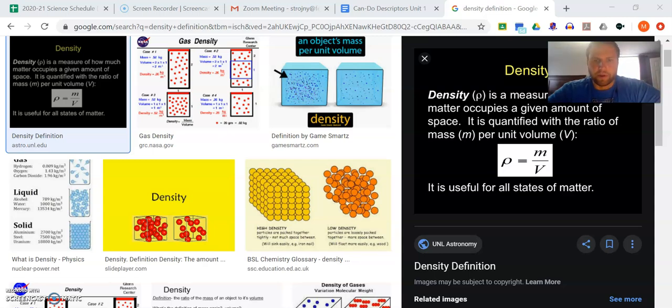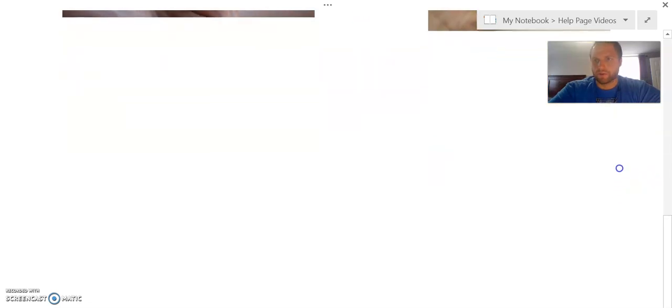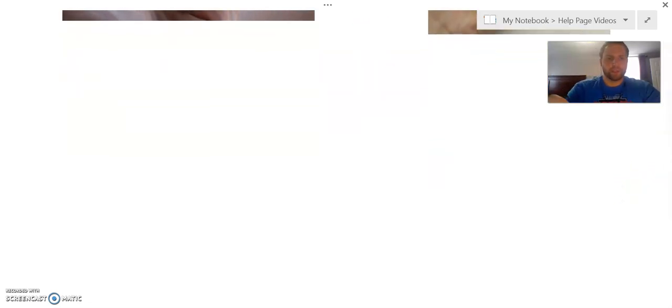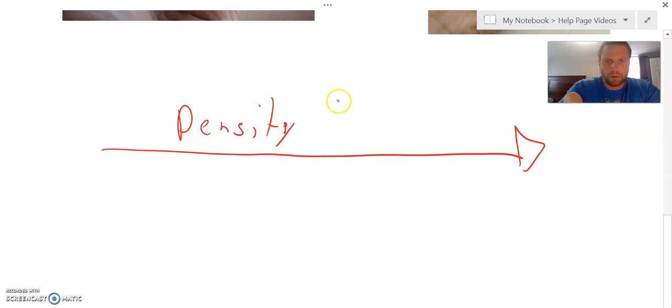So we'll now head back to the notepad, and I want to draw out a relationship to conclude this video. So density is a trend, and there's a spectrum of different densities, and densities actually increase between the states of matter.